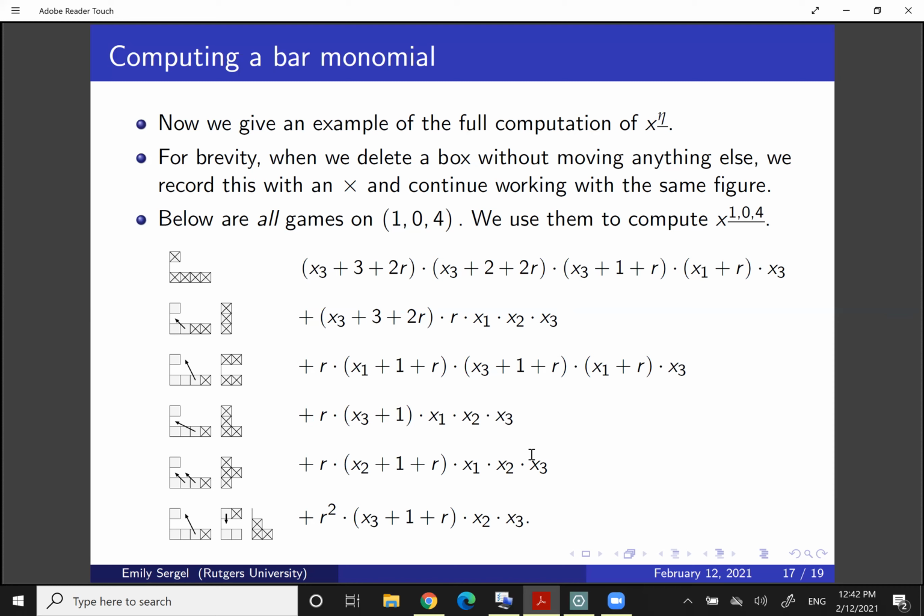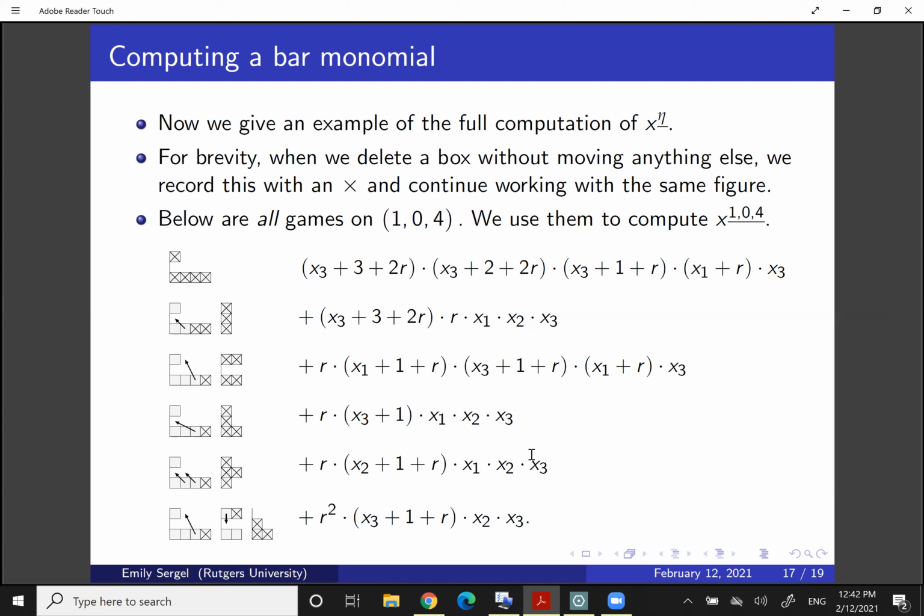We have a vanishing condition at the Jack level. That passes down to a vanishing condition at the bar monomial level, but it doesn't go all the way down to the level of games. So that's sort of an open combinatorial problem, to understand why these non-vanishing game weights combine together to make something that has a vanishing condition for the whole bar monomial. Open problem. So that's how we make the bar monomials.